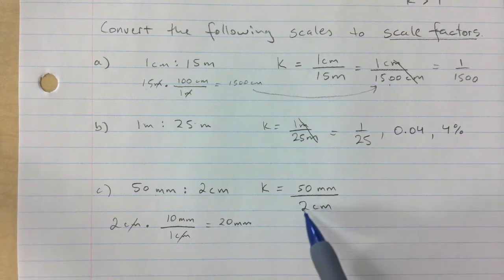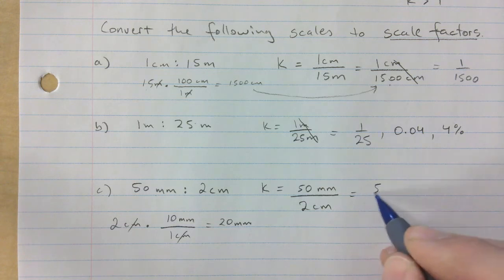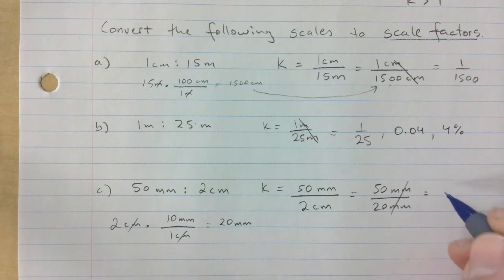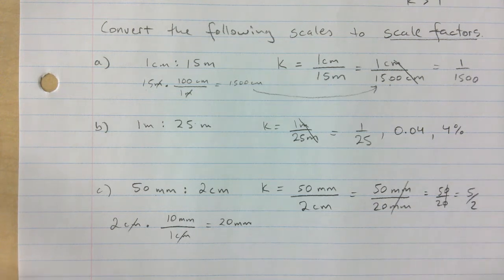So we're going to replace 2 centimeters with 20 millimeters. And that would be 50 over 20. Cancel the trailing zeros. That's just 5 over 2. And that's 2.5, right? 5 over 2. So K is 5 over 2 or 2.5 or 250% if you multiply that by 100.